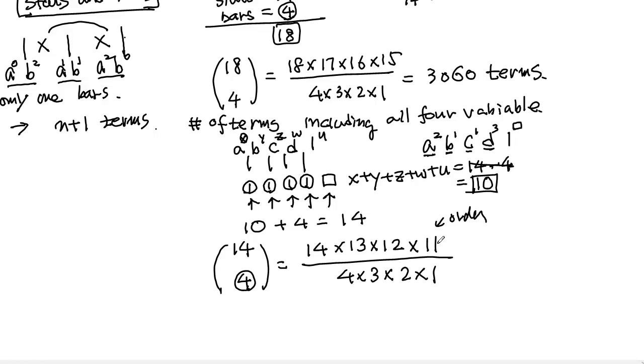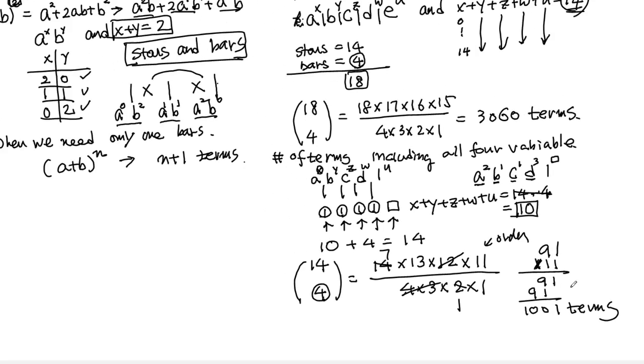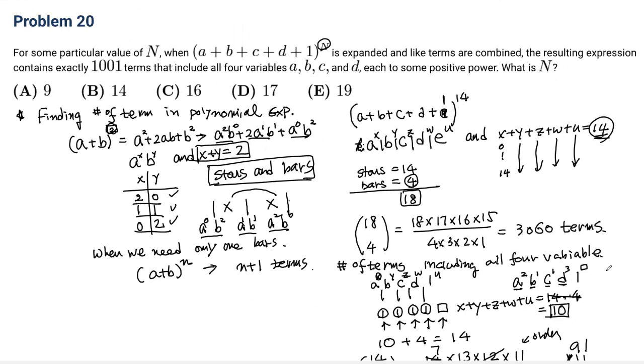How much is this one? 12. This is 7. 7 times 13 is 91, times 11. 91 times 11 is what? 1001. Oh yeah, that's true. On the question, you can see there are 1001 terms which have all variables a, b, c, d.